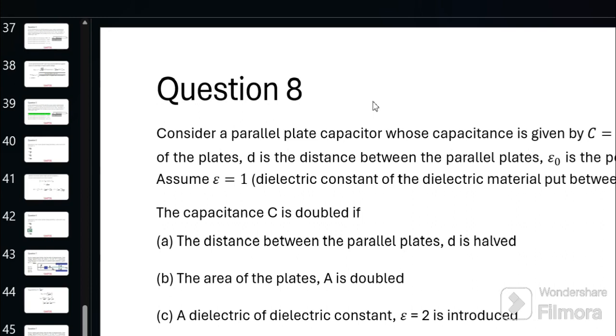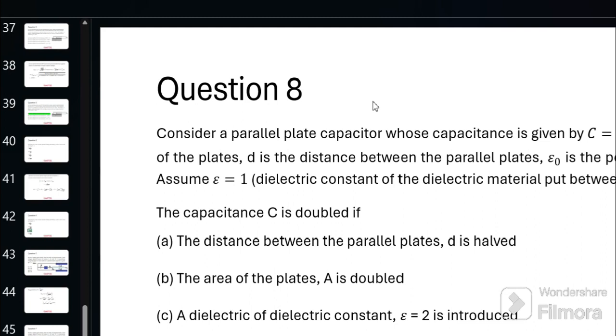so we have 4 cases here. If the distance between the parallel plates D is halved, if the area of the plates A is doubled, if the dielectric constant is multiplied by 2, and if the distance between the parallel plates D is doubled.